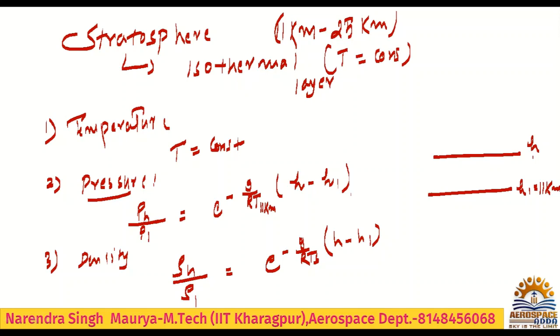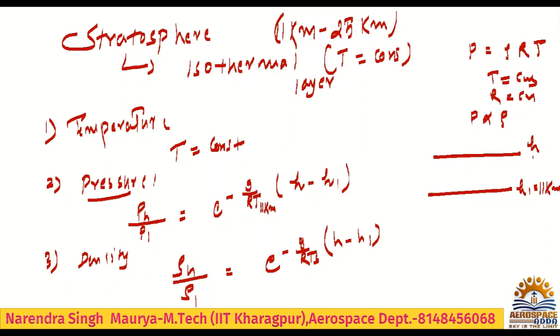Pressure and density formulas are the same, so nothing to worry. Why? Because you know the equation of state, no? P is equal to rho R T. Temperature is constant, R is constant, so P is directly proportional to rho. So the same formula will apply for density.